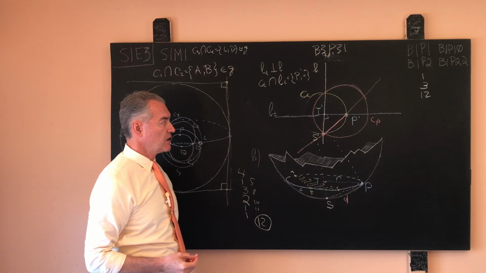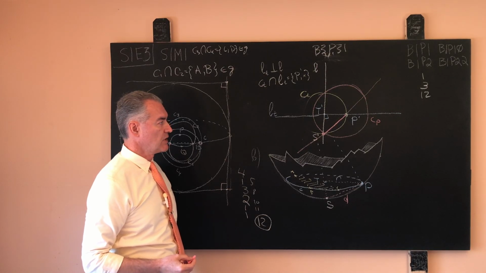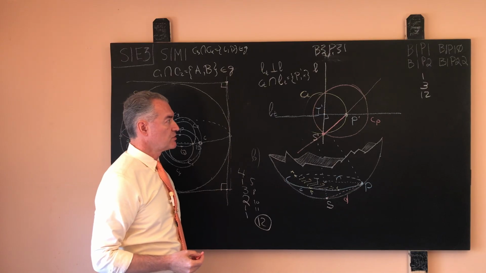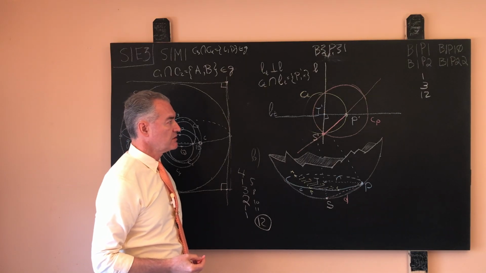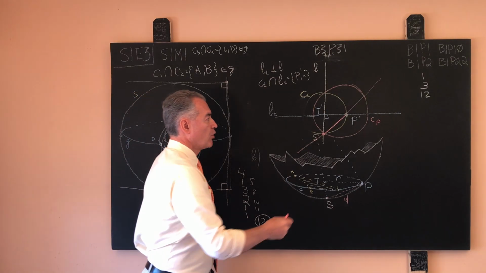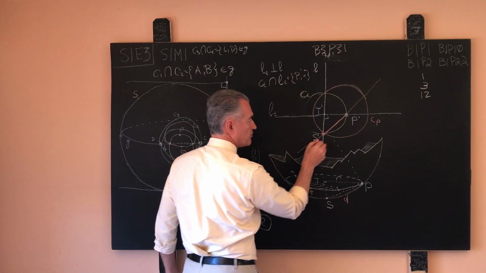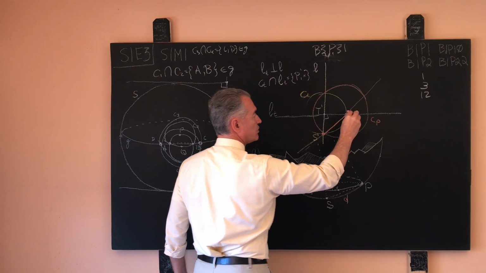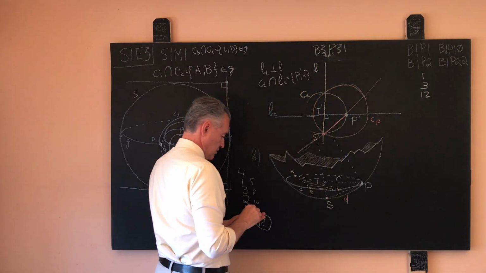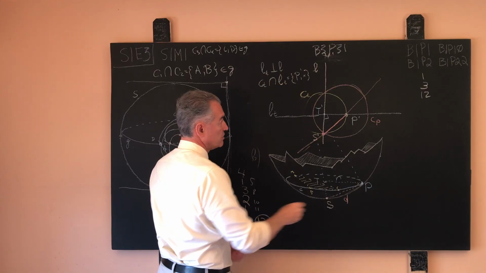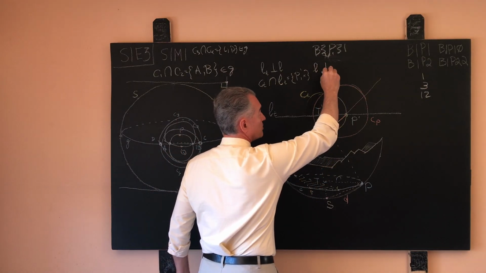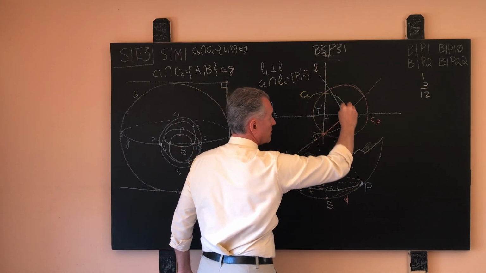What do we need to do now? Now we need to construct a straight line that is perpendicular to this line segment S prime, P prime, and passes through the point P prime. Let me use, which color did I use? Blue one? Let me use blue one, for example, this way.